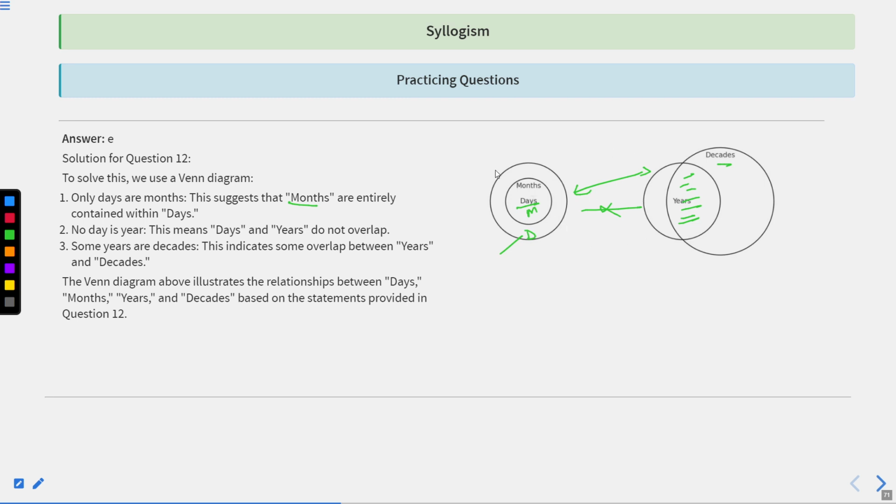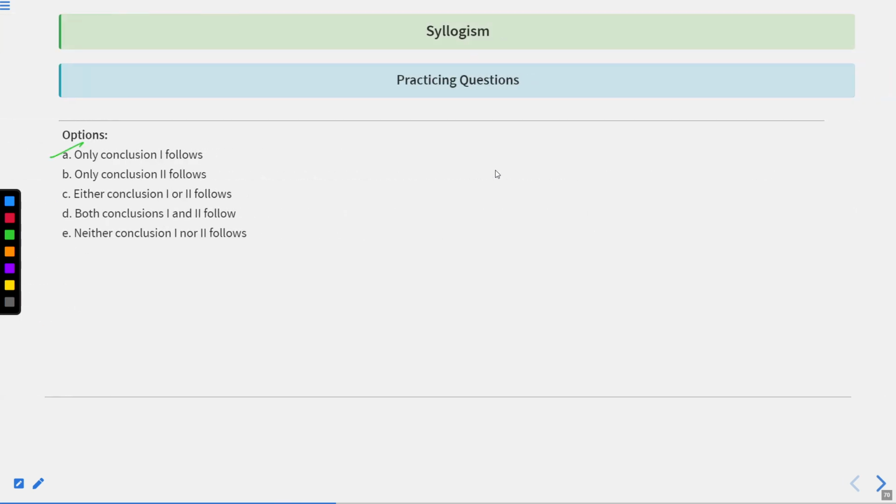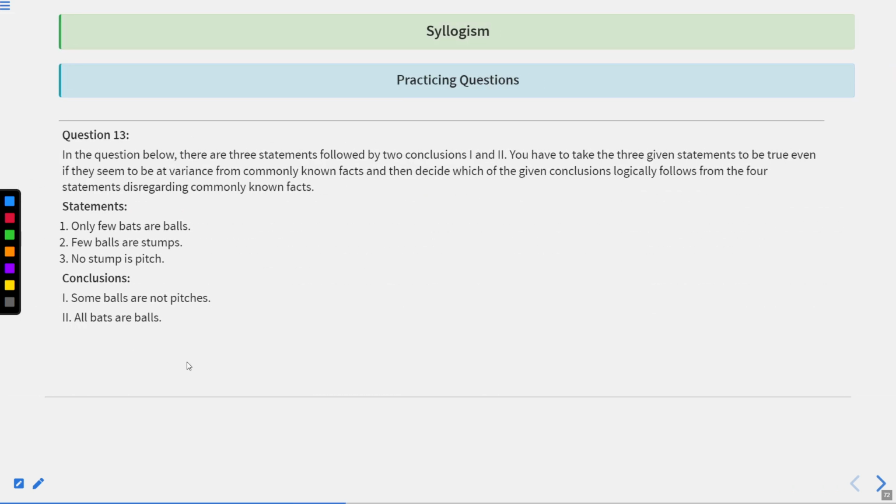Therefore option A is right: only conclusion 1 follows. The answer to this question would be A instead of E. Now let's move on and figure out question number 30.